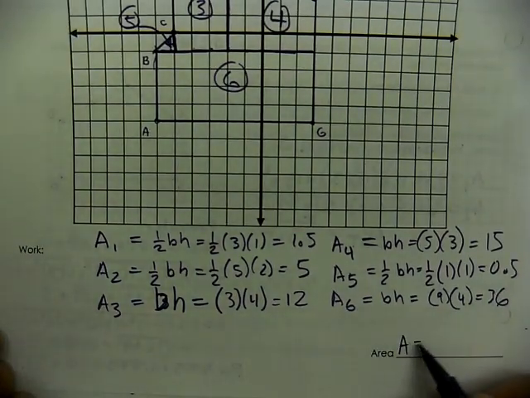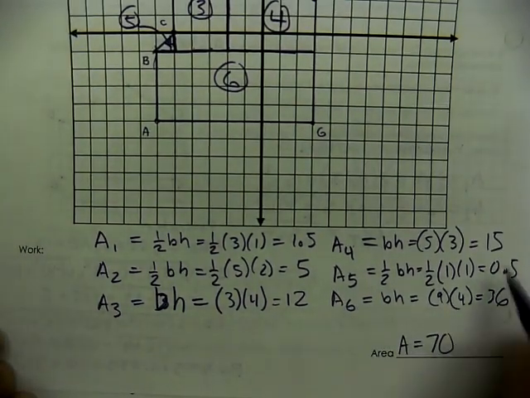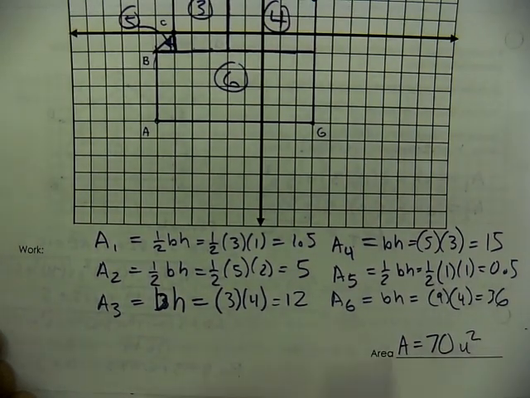And we're adding them all up. That should give us 70 altogether. And again, it's an area with no units provided, so we're just calling it square units.